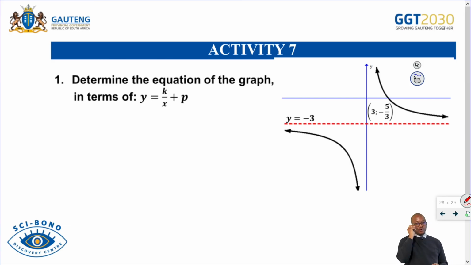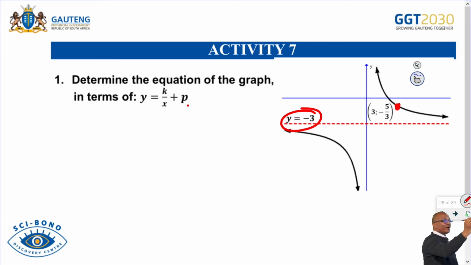So you must know that they mean the same thing. For us to determine the equation, the first thing that you need to identify is the asymptote, which is going to represent the value of p. And then 1 point on the graph is going to help us to get the value of k.